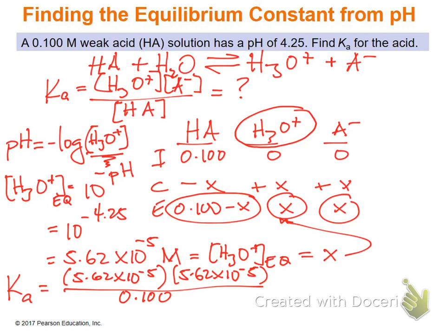Because the value of x here, 5.62 times 10 to the negative 5th, is so much lower than 0.100, you don't have to include it in this calculation. You don't need to include this in the denominator, because it's such a small number that subtracting it from 0.100 makes it insignificant. And so you can just leave it out.